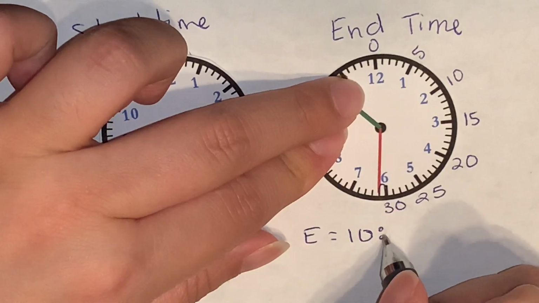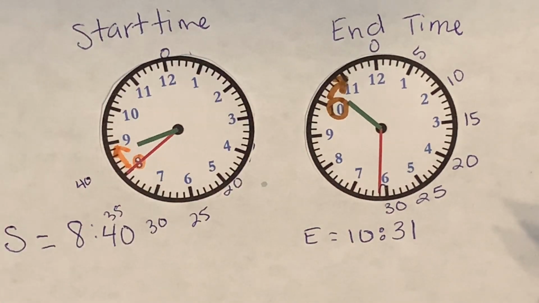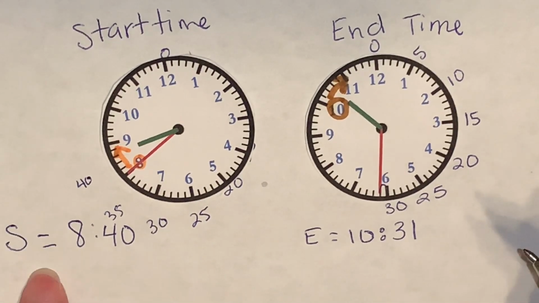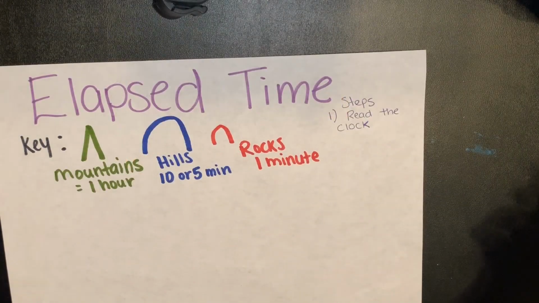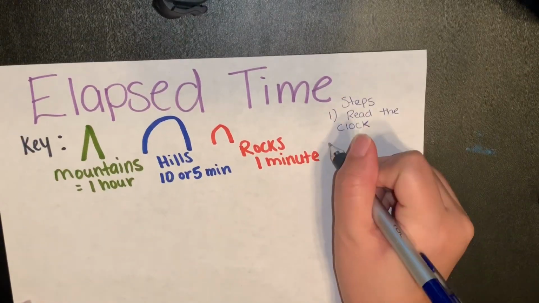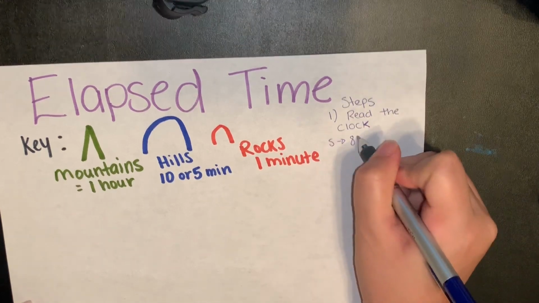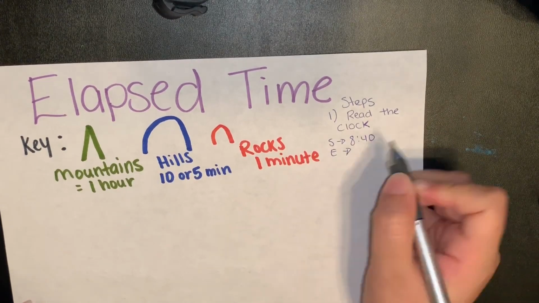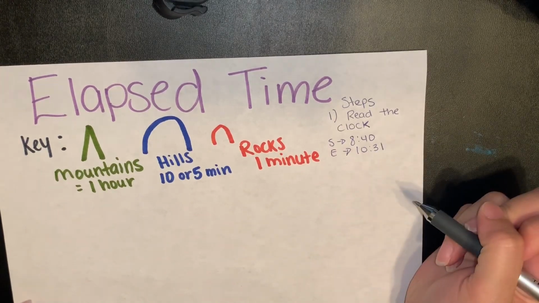So our time is 10:31. We have finished the first step. We found the start time and the end time. Okay, so now we have finished step 1. Our start time was 8:40 and our end time was 10:31.